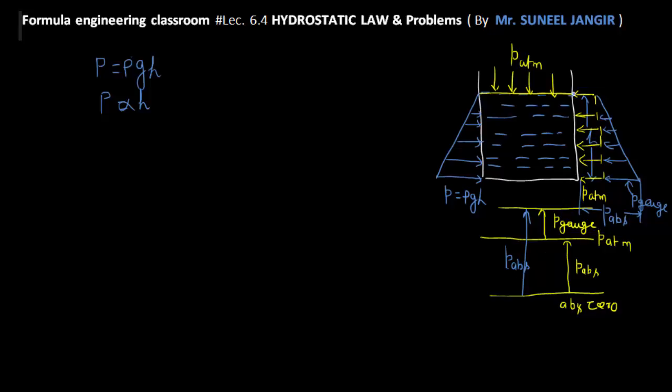At the top layer the absolute pressure is equal to the atmospheric pressure. At the bottommost layer, the absolute pressure is equal to p atmospheric plus p gauge, and here the p gauge is equal to this one.